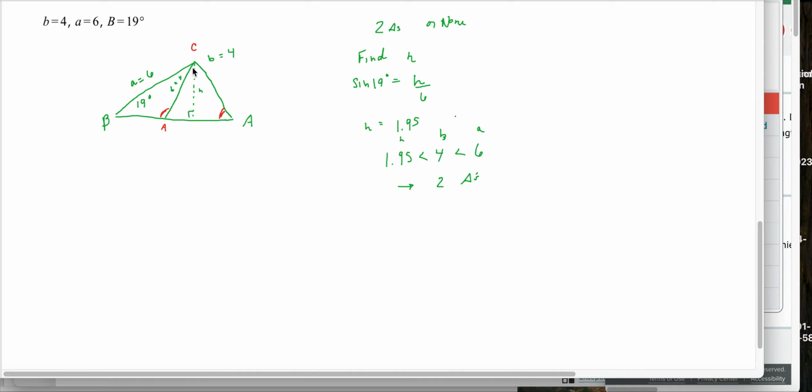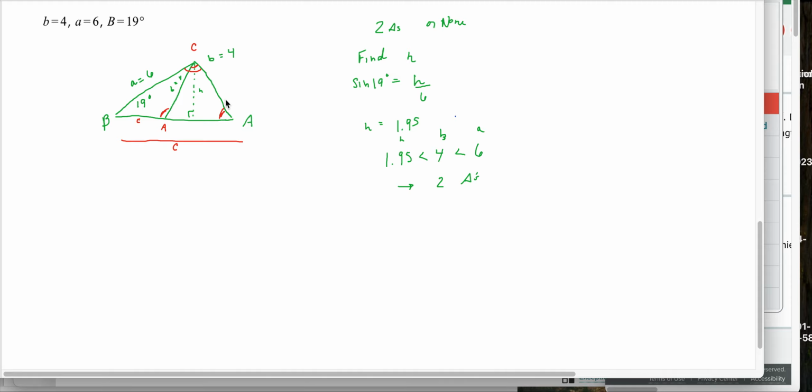So angle C up here could either be this guy or this guy. And that also gives us two options for side C, right? Side C could either be right here or that full length. So those are all of the different things that we now need to take a few minutes to find, okay?